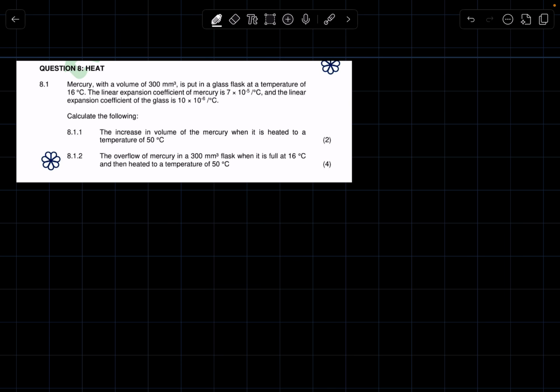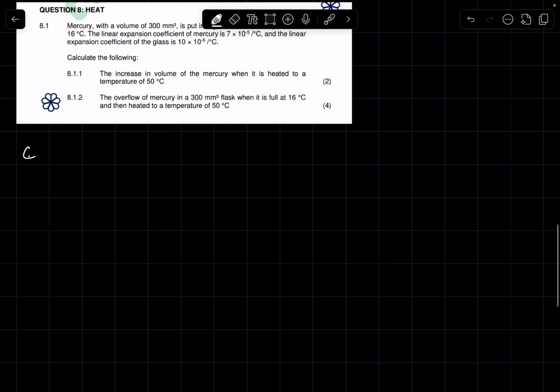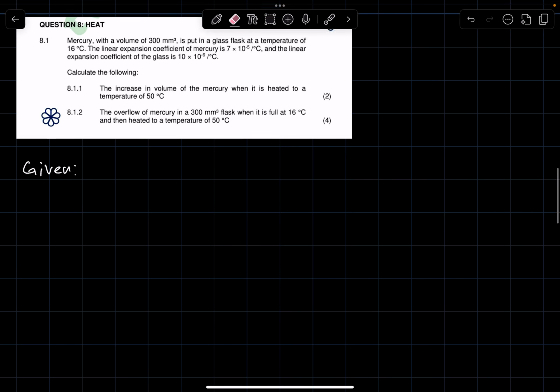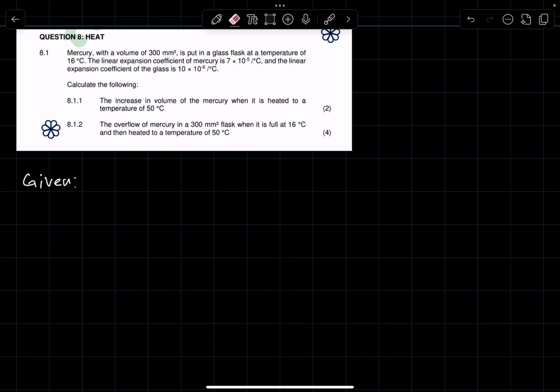Now let us write down what we've been given. You have mercury with a volume of 300 cubic millimeters. So the original volume of mercury, we are going to use Hg for mercury, as that is how mercury is denoted.